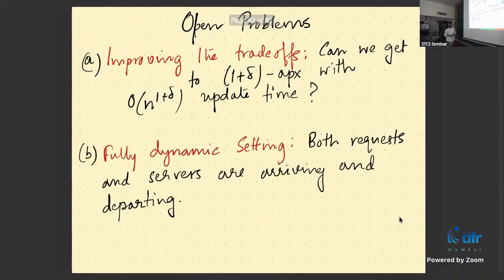Okay. And I think a slightly easier open question, honestly, because this might be harder, is: what if I now have fully dynamic? So servers are coming, servers are also departing, or at least requests are departing. Inherently, I don't think this push-level approach works, because if a request departs, you suddenly lose a lot of dual.